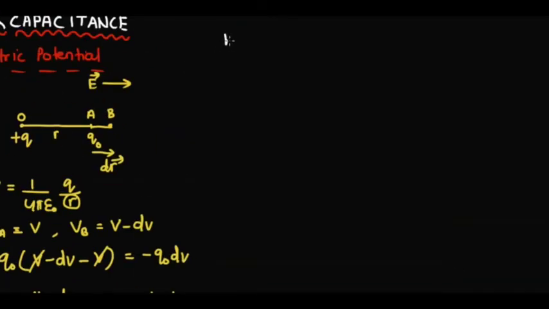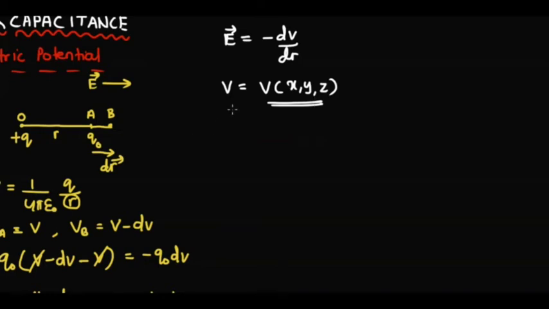So we got that E vector is equal to minus dV by dr. This potential V may be a function of all these coordinates x, y and z. If the potential is given as a function of all three coordinates, then how to find the electric field?